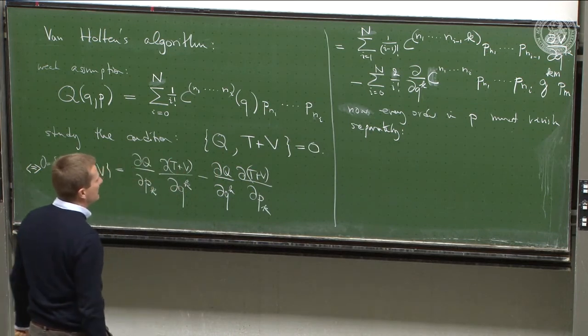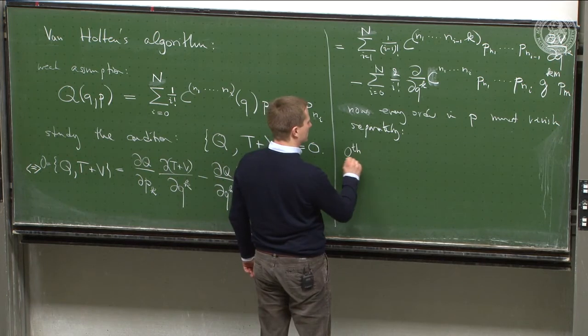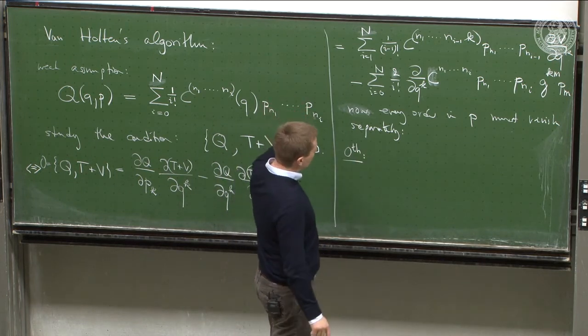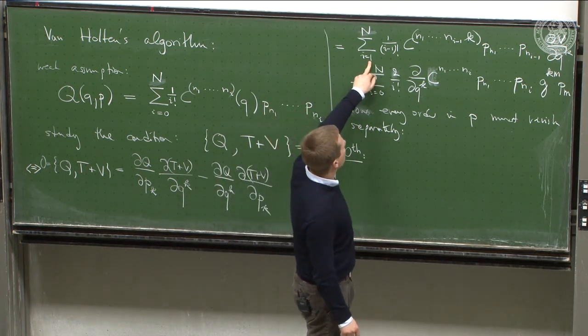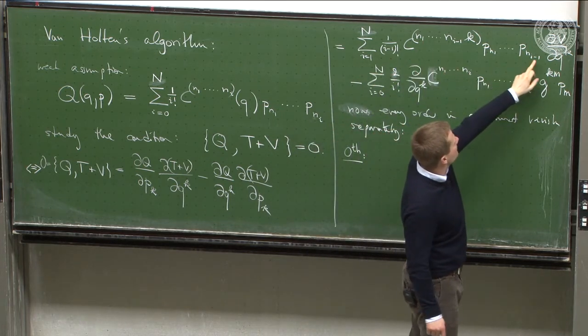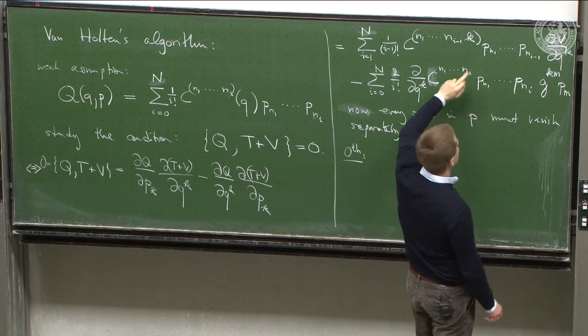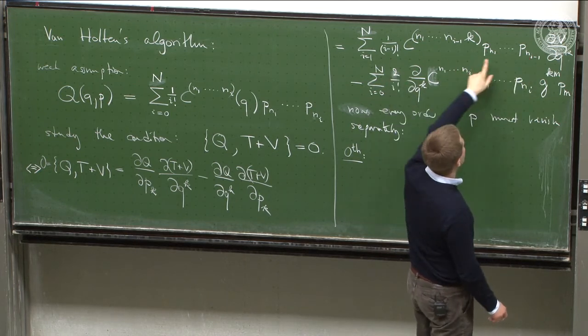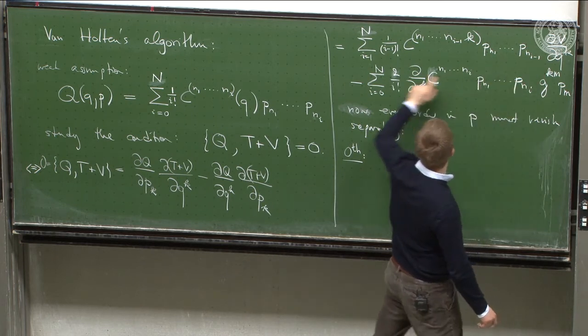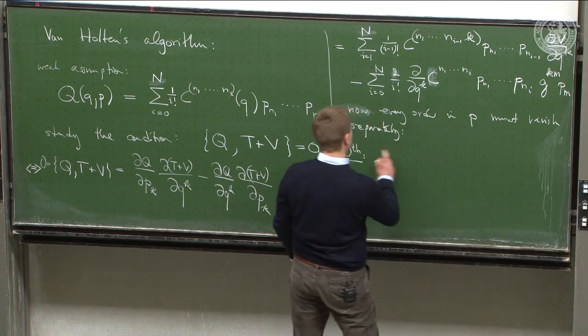So let's carefully extract the 0th order. What's the 0th order in P? Do we have a 0th order? We run from I equals 1, from n_1 up to n_{I-1}. Hang on. So these are I minus 1 p's. If I is 1, I have 0 p's. That's a 0th order contribution.